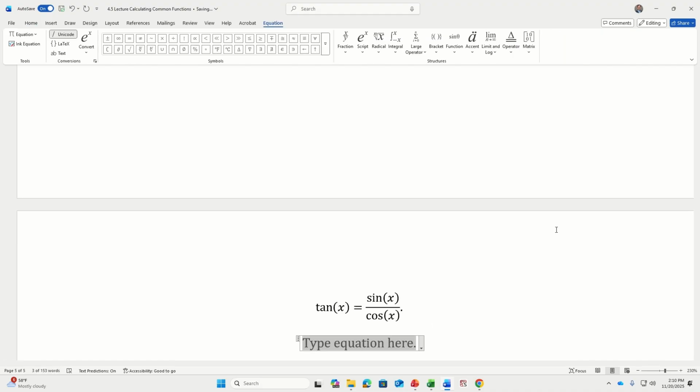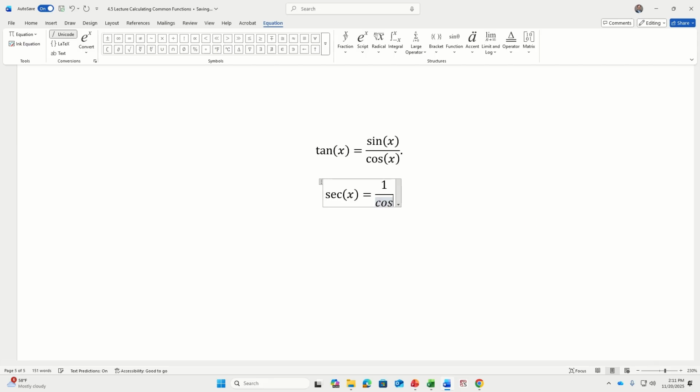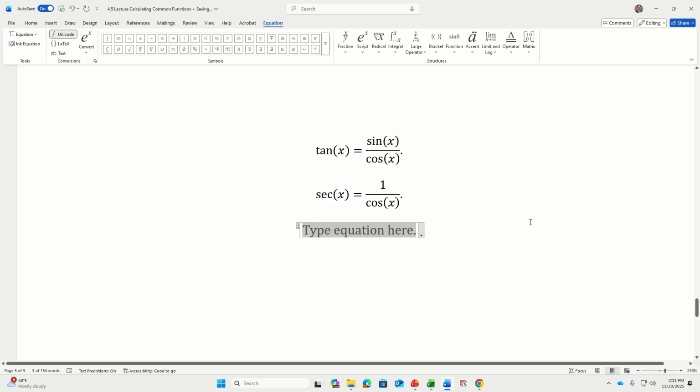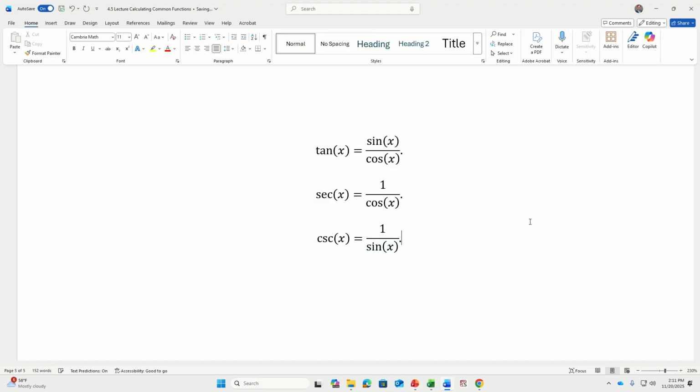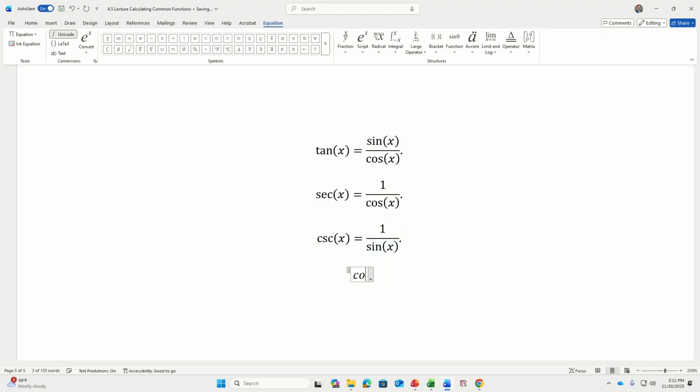How would I calculate a secant? 1 over cosine. How would I calculate a cosecant? How would I calculate a cotangent? Cosine over sine. Yeah.